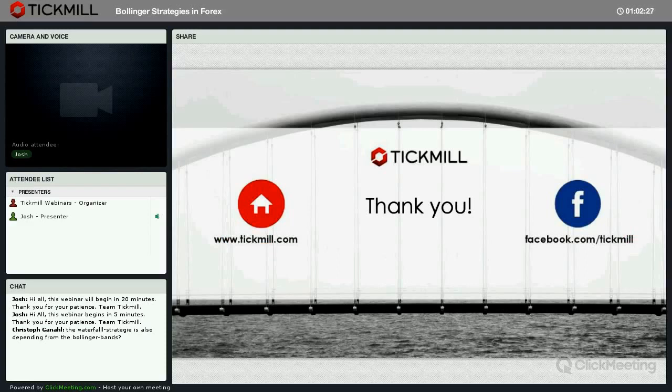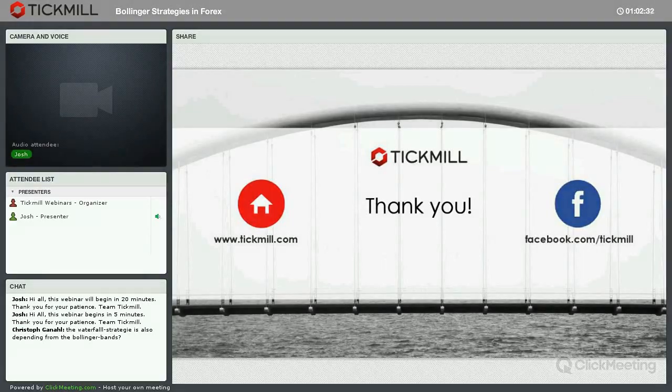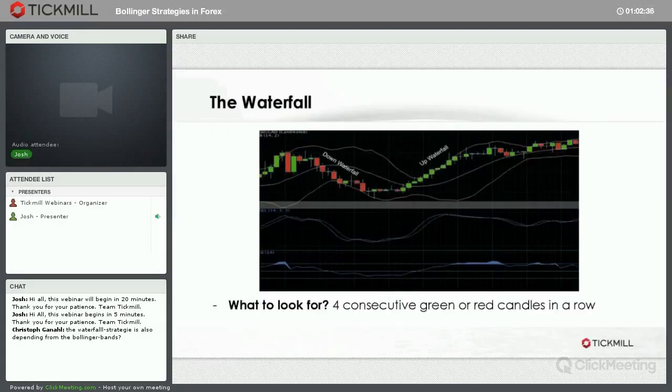Okay, I see a question from Christoph Genau. The waterfall strategy is also depending on the Bollinger Bands. Very good question. So actually, no, it's not. That's a very good catch. The only thing that the Bollinger Band will give you here, the indication, is that if the candles are regularly hugging the upper Bollinger or closing outside the upper Bollinger, that's a good sign, right?